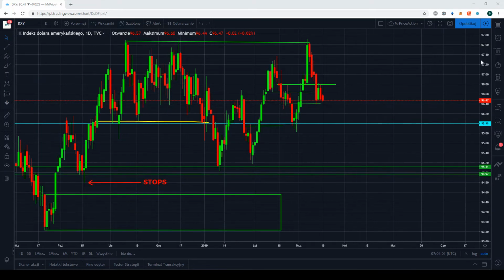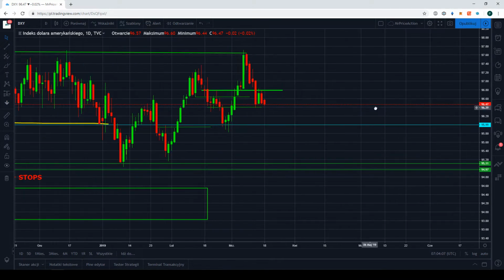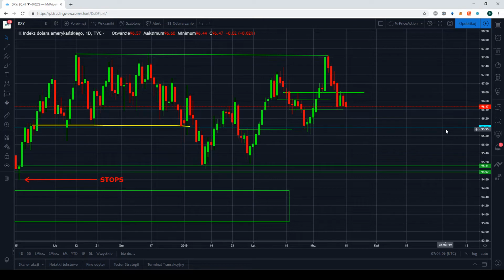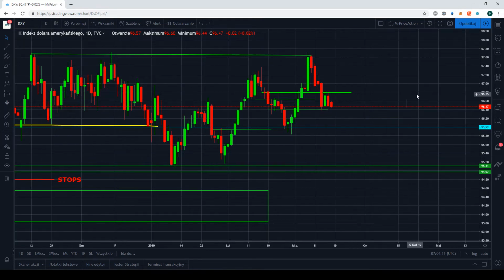Okay, so where we are based on the daily chart ahead of the upcoming FOMC rate decision this Wednesday. Taking into consideration the current level, we are testing this weakness based on the range from the 26th of February.